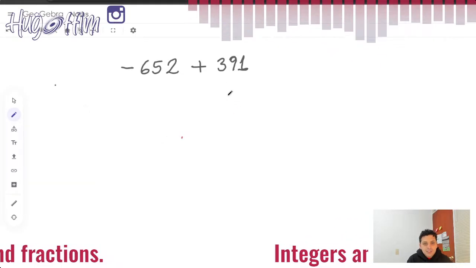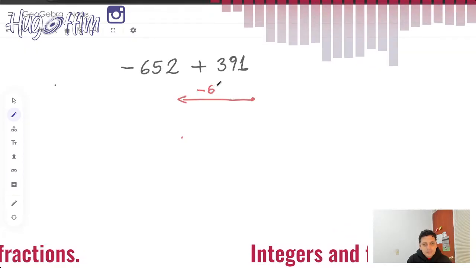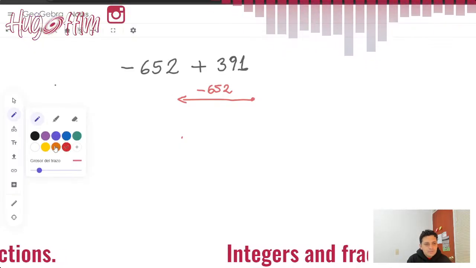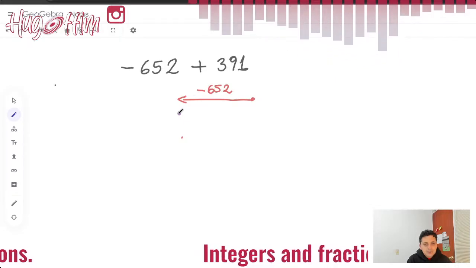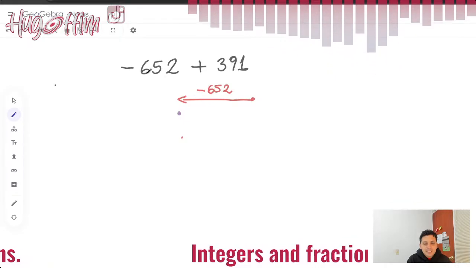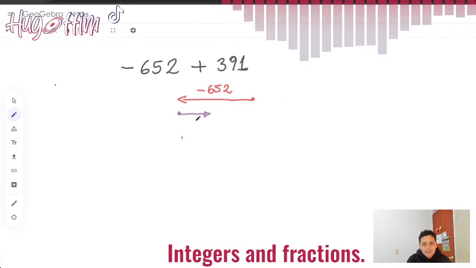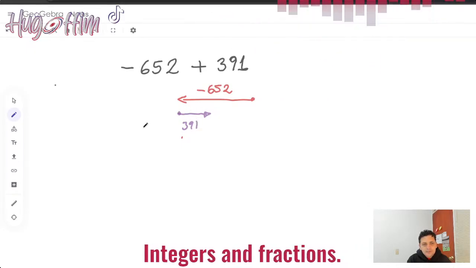So you can imagine negative 652 like an arrow. And then I'm going to add 391. So I'm going to put at the end of my arrow 391. Look at that: the absolute value of 652 is greater than 391, so my arrow of 391 is going to be shorter than 652.